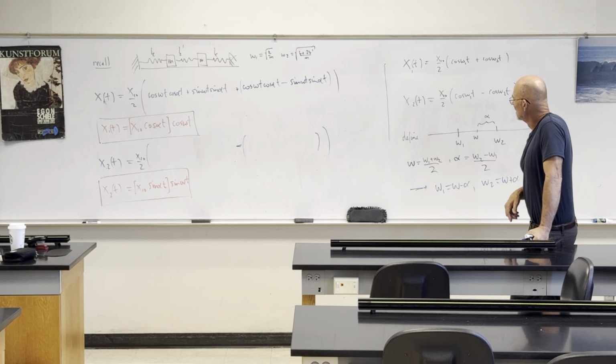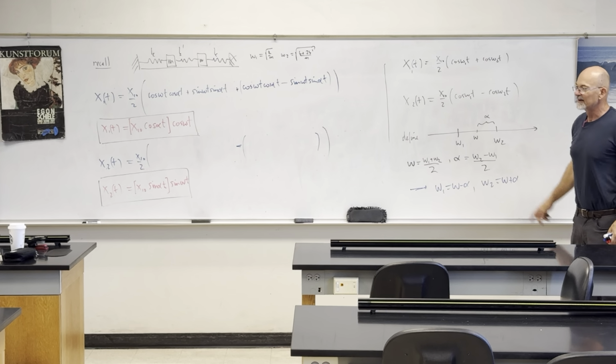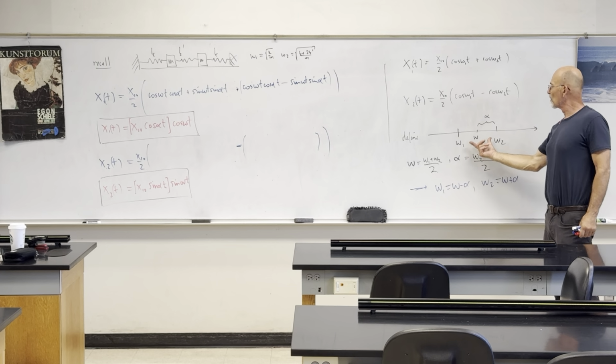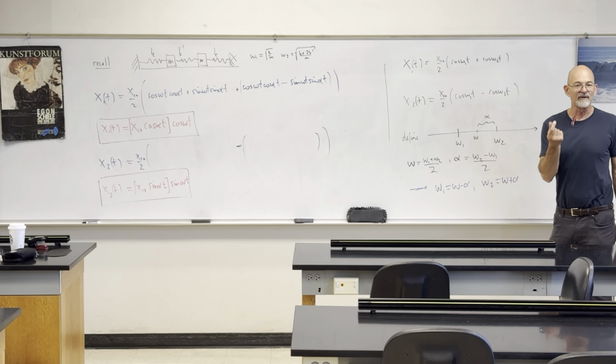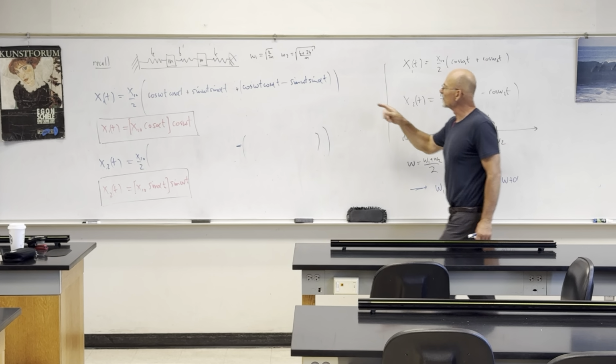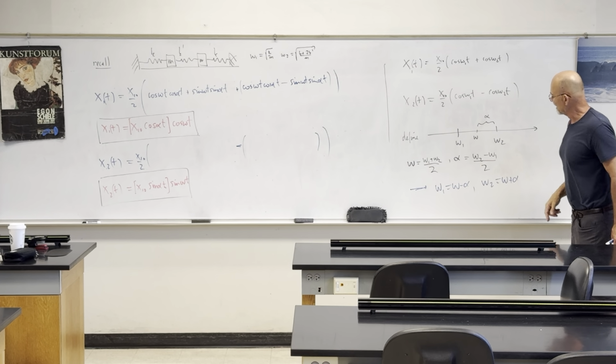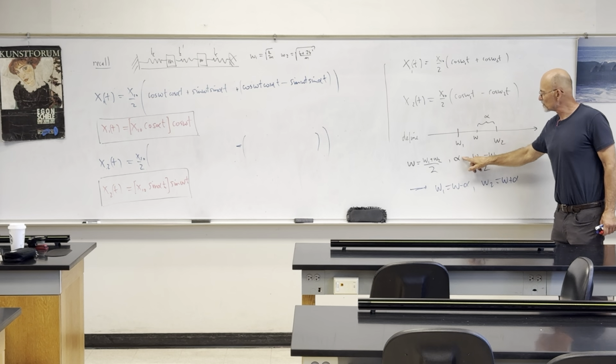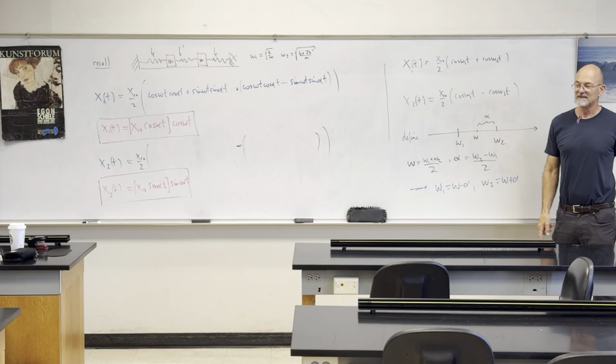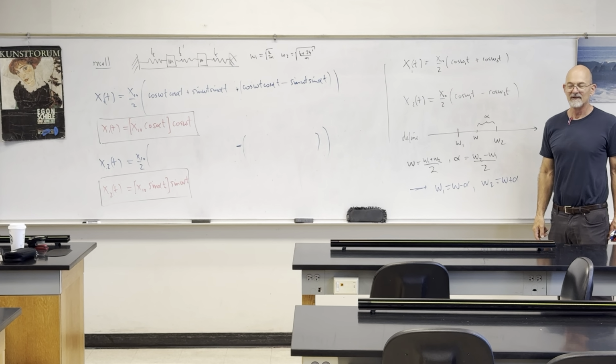If omega 1 and omega 2 are close together, because k prime is a very weak spring, then alpha is much, much smaller than the omega. Make sense?